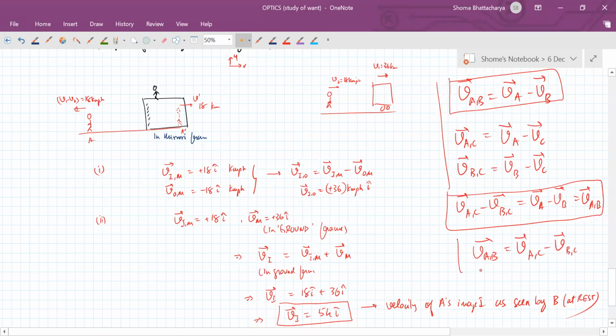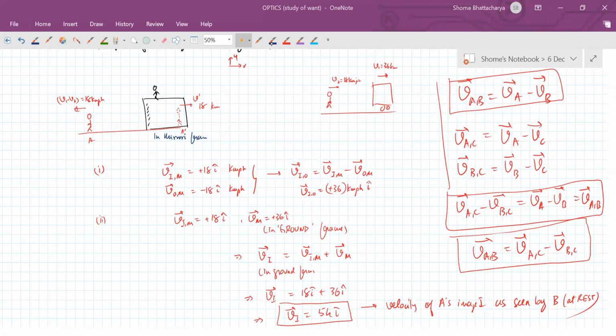We should know that if we know two objects' velocities with respect to some third moving object, then we can calculate the relative velocity of A and B by subtracting the relative velocity of A with respect to the third one C minus the relative velocity of B with respect to the third one C. Okay, so this is a trick from relative motion that you can use.